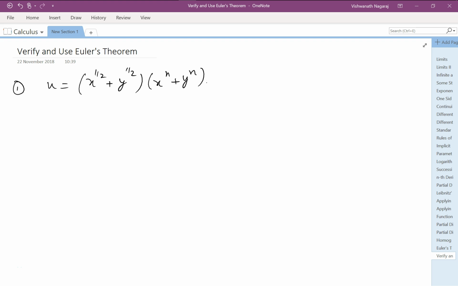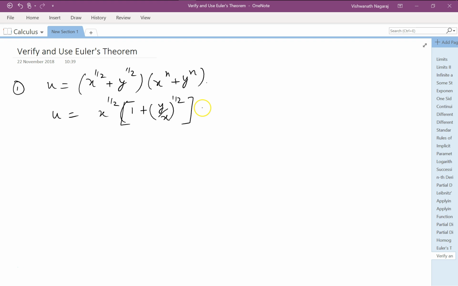So let's now rearrange it, or bring it to the form in which we can say it is a homogeneous function. Let's take x to the power of 1/2 common. So 1 plus y by x to the power of half.